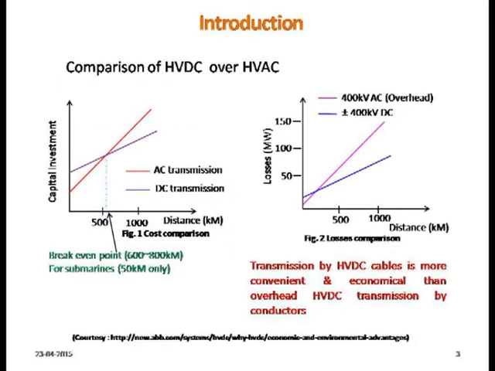So this is a well-known break-even point known in the literature for AC and DC transmission. Beyond certain kilometers, DC is better than AC. But unfortunately in India or over the world, the number of DC lines is less compared to AC, right?